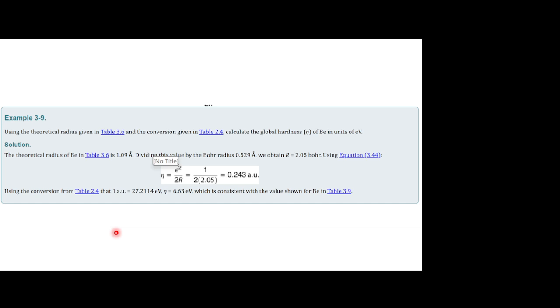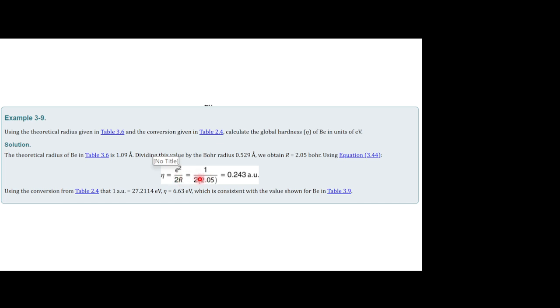We need that because that is the capital R right here, multiples of the Bohr radius. So it's just how many multiples of the Bohr radius are we, because this is calculated in multiples of Bohr radius. And so we're going to go ahead and substitute those in. Our E here is going to be 1.